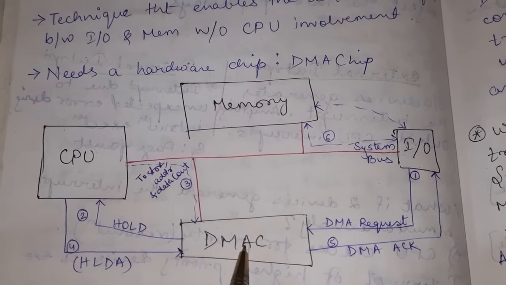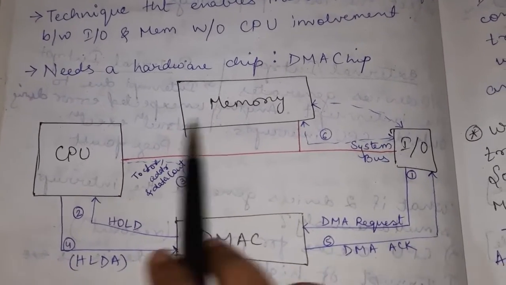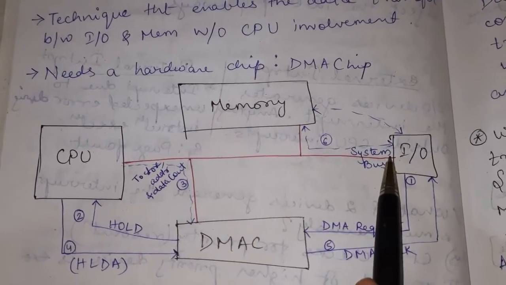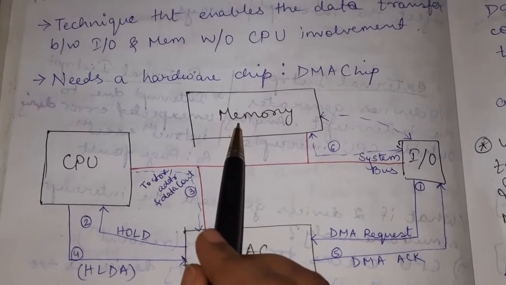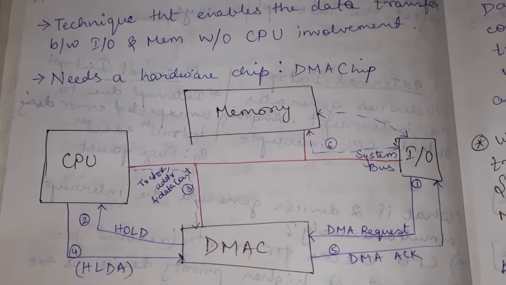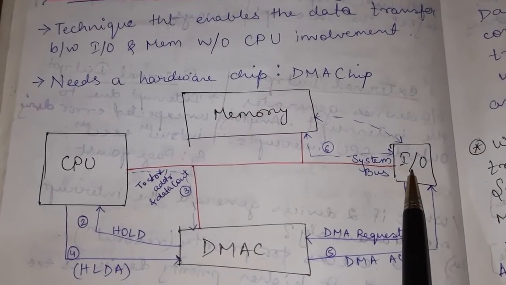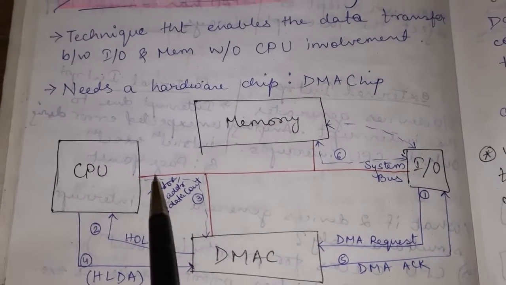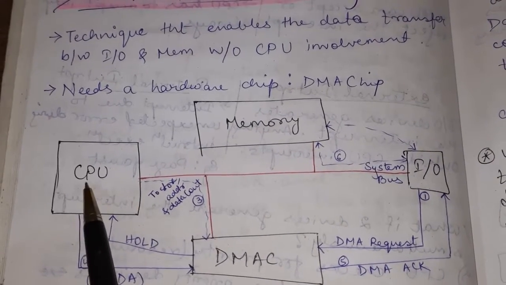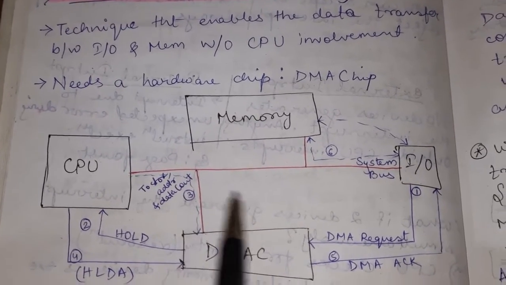All these devices are connected with the system bus. The CPU knows where in the memory the programs are, or where the data of input output should be saved. So that information is sent from the CPU to DMAC, like starting address and data count.